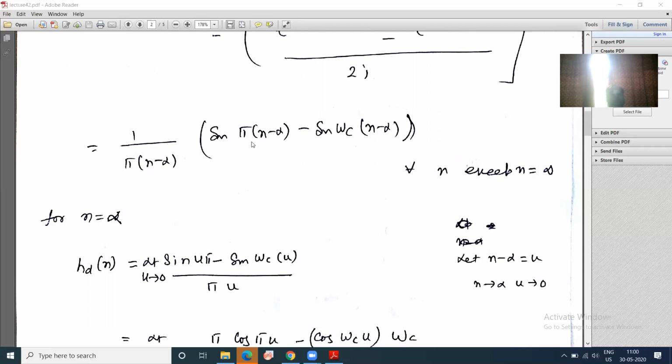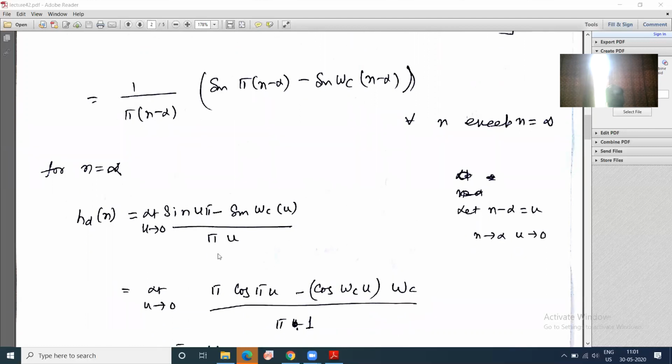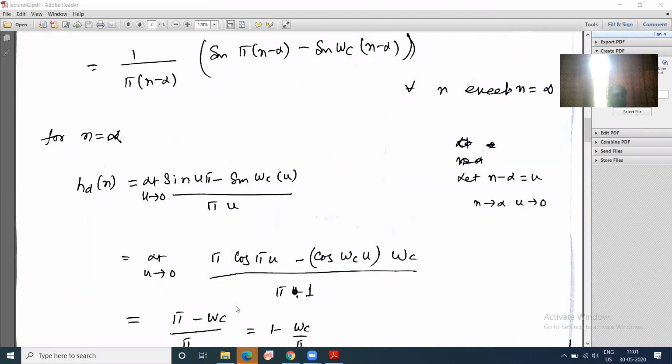So this becomes u equal to n minus alpha, and as n tends to alpha, u tends to 0. Therefore, sine of pi u minus sine of omega c u, divided by pi times u. Since it is 0 by 0, you have to find the derivative. The derivative will give you pi times cos pi u minus cos omega c u multiplied by omega c, and the denominator is pi times 1, since the derivative of u becomes 1.